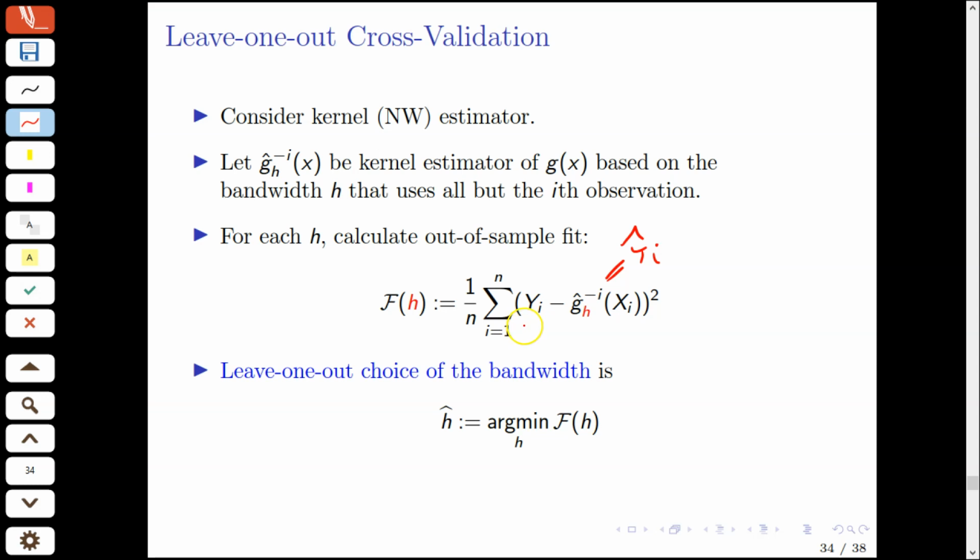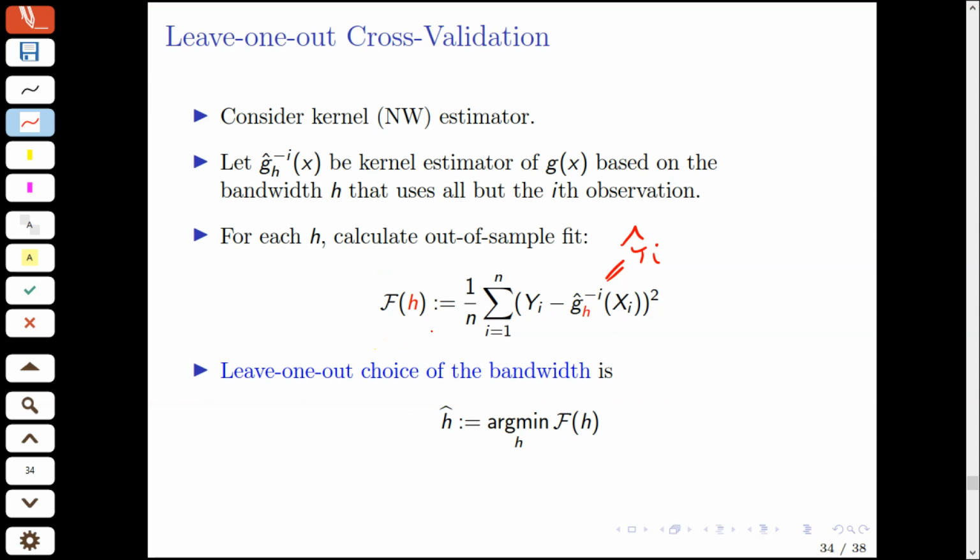Then we could calculate the squared difference between the actual outcome and our prediction thereof and add them up, or in this case, average them. Now, here we've summed out the i subscripts and superscripts. So what's left here is a function of the bandwidth.